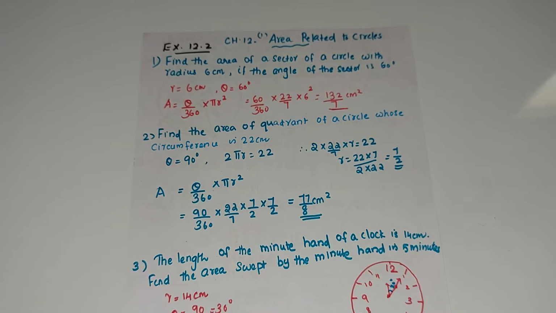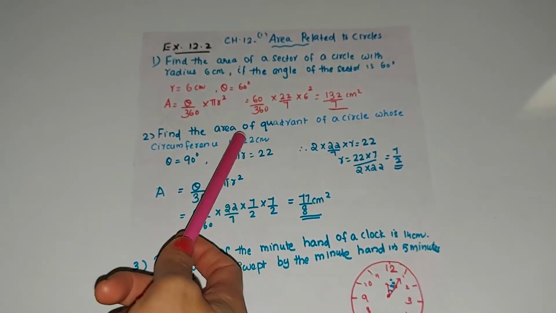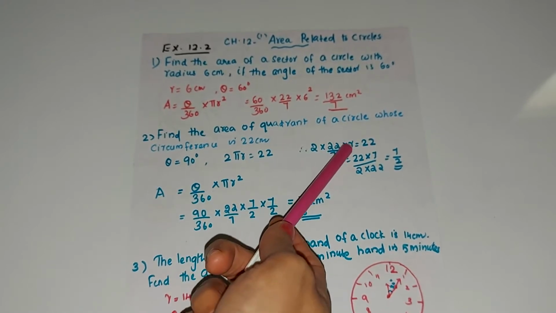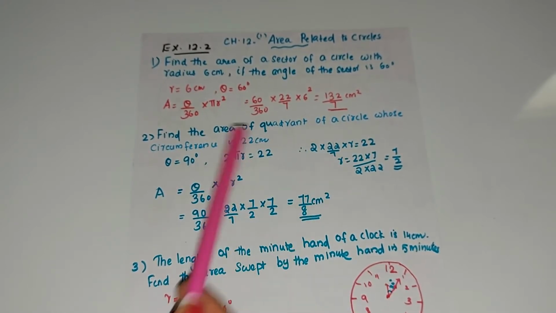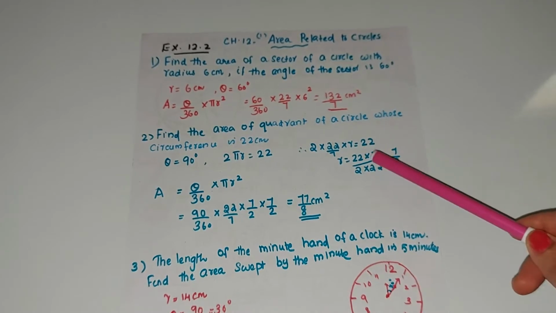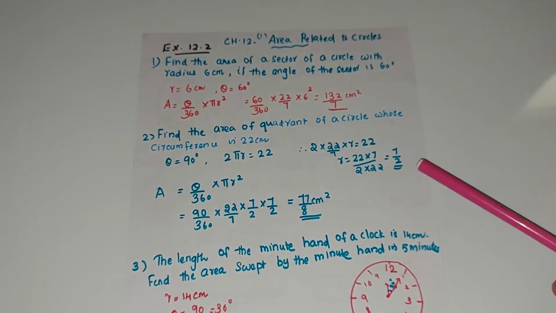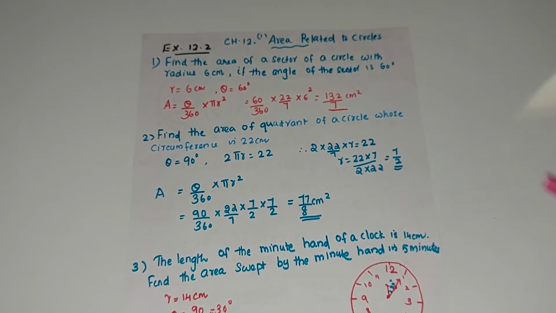From the circumference you can calculate the radius. Circumference is 2 pi r equal to 22. You substitute: 2 into 22 by 7 into r equal to 22. Therefore r equals 22 into 7 by 2 into 22, which is 7 by 2. So we got r equal to 7 by 2 centimeter and theta we know is 90 degree.